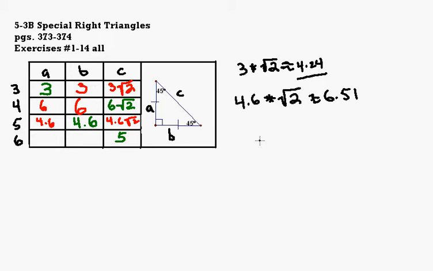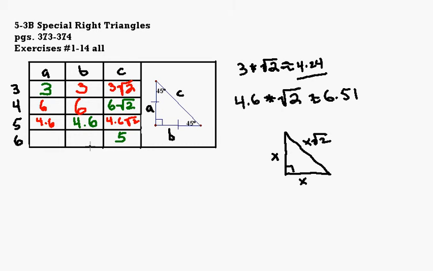Let's do this. I know my 45, 45, 90. I'm just drawing one real quickly here. If this side is X, and this side is X, and this is X times the square root of 2, okay?